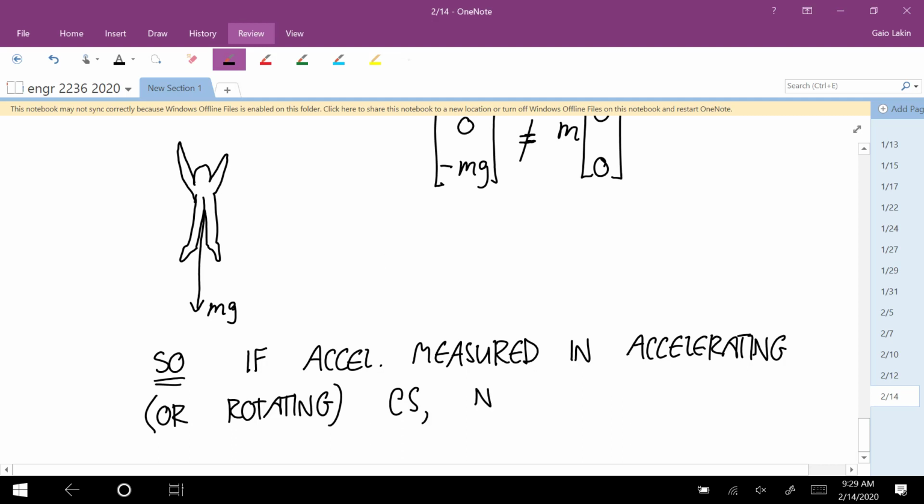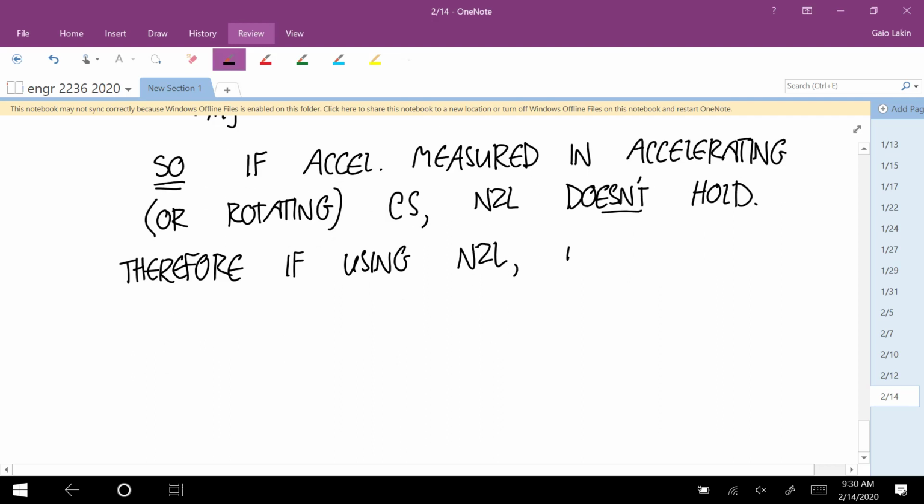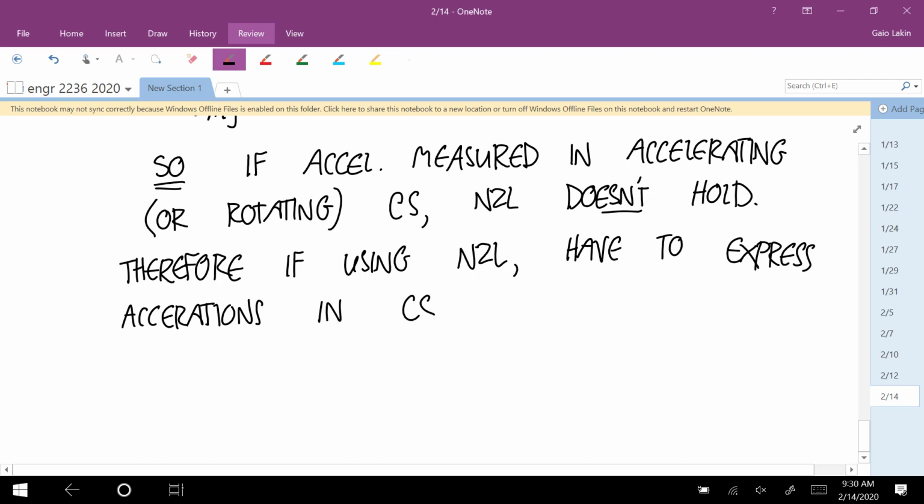Therefore, if you're going to use Newton's second law, you have to express your accelerations in a coordinate system with first no acceleration, and second no rotation.